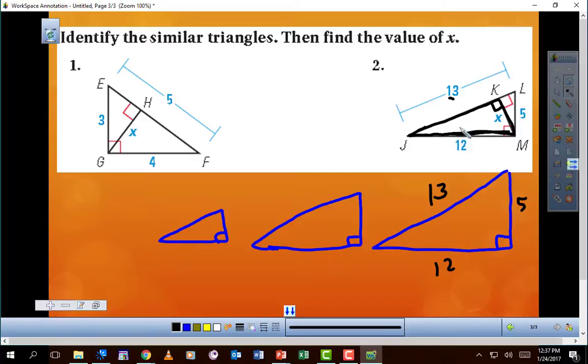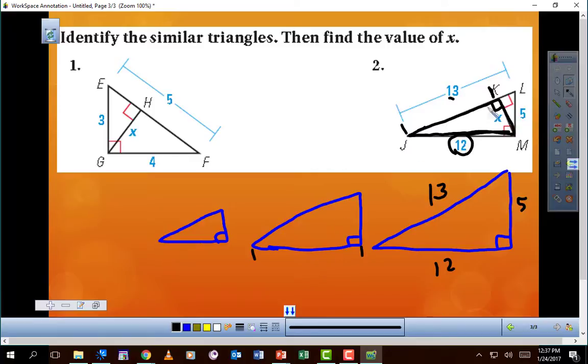For example, what is this length right here, from here to here? Do we know that length? We don't know that length. We do know this 12 though. Where does the 12 go?